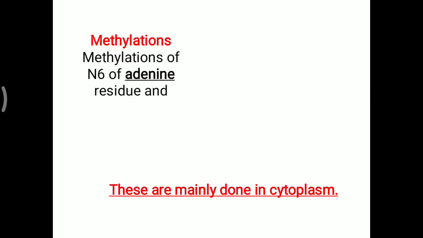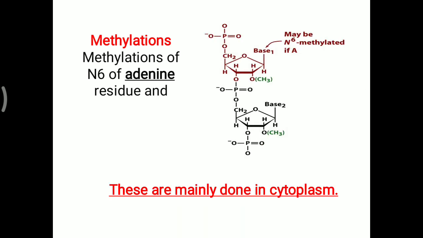Finally, methylation will occur, but this methylation is mainly done in the cytoplasm. It occurs mostly on the N6 nitrogen of adenine residues. In the picture, this adenine molecule is attached to the ribose sugar, and on that adenine methylation mostly occurs on the 6 nitrogen.